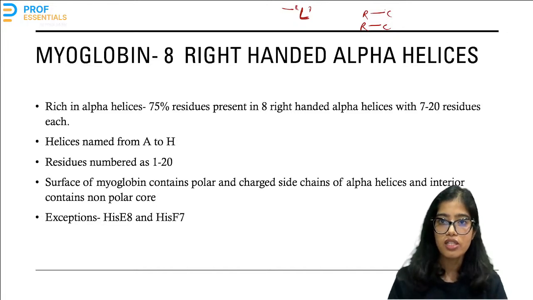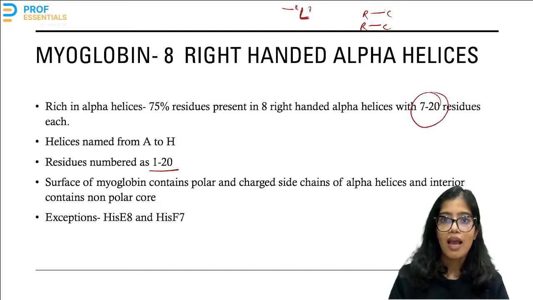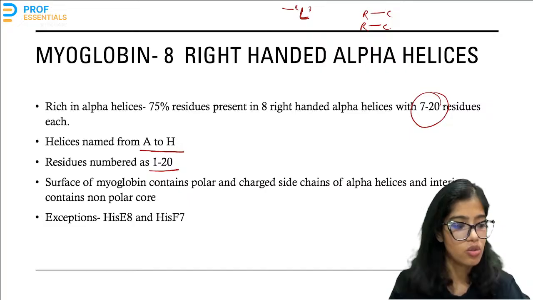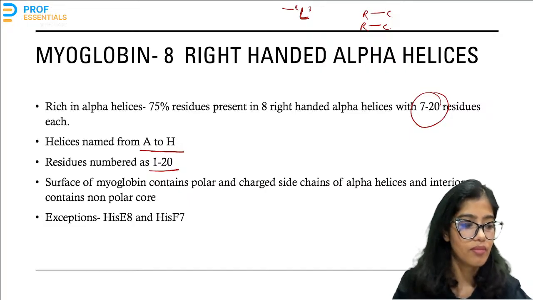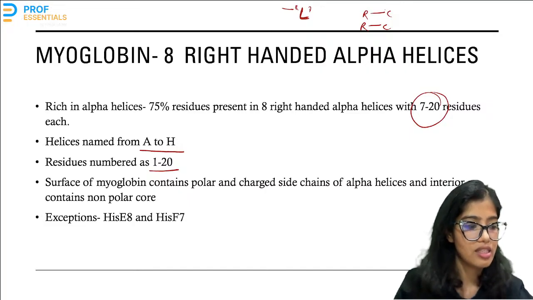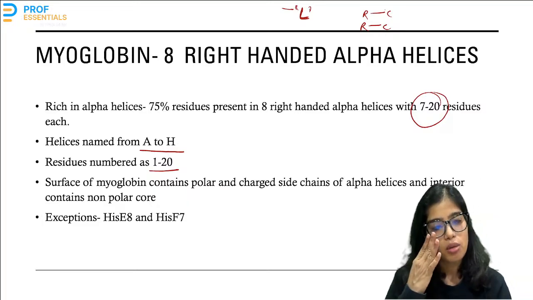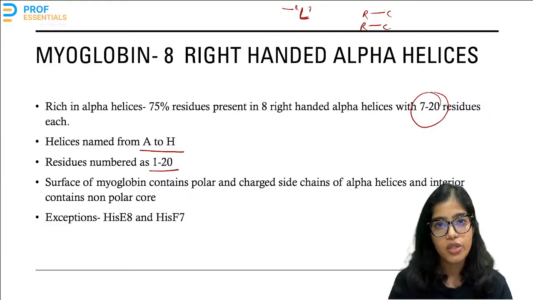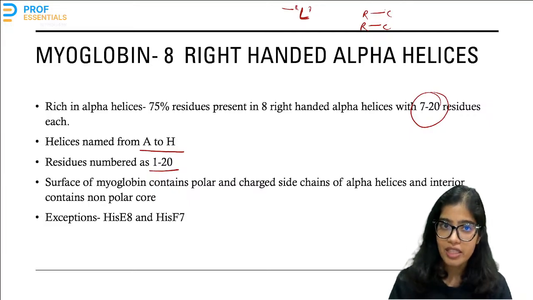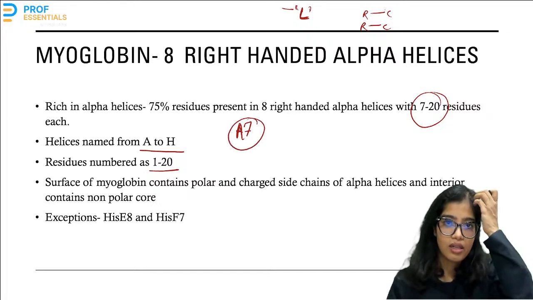These residues are numbered from 1 to 20, and these alpha helices are numbered from A to H. Suppose you want to talk about the 7th residue on the first alpha helix. You will name it A7. Got it? So this is how you remember it.